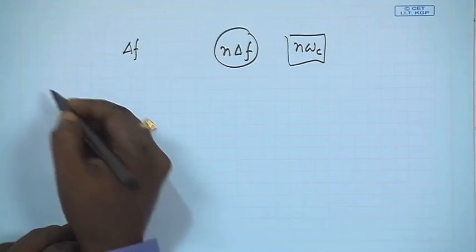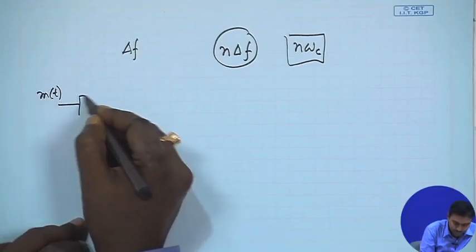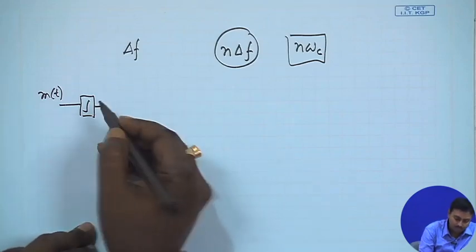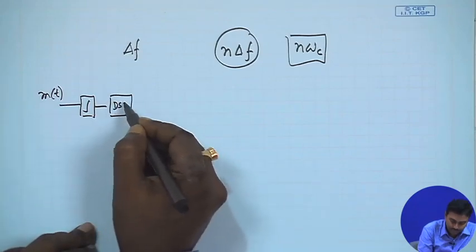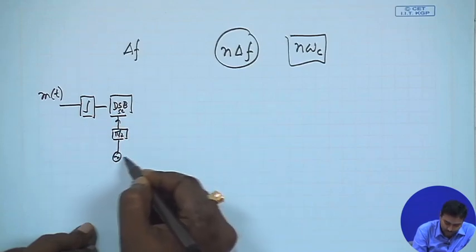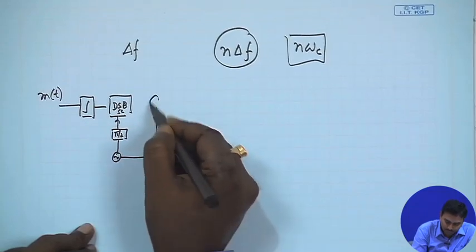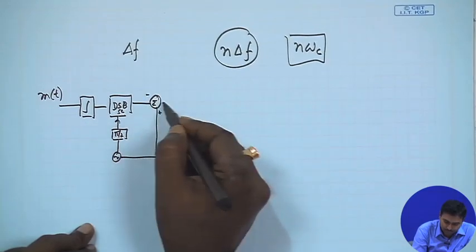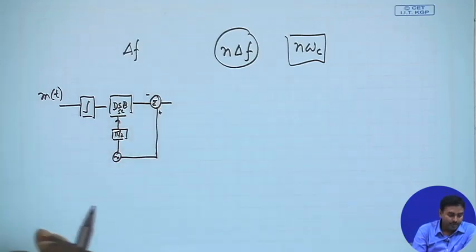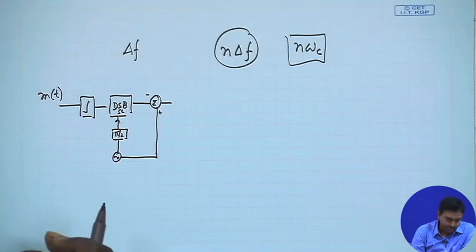So, suppose we have some message signal m(t), we integrate it and we pass it through that DSBSC. So, that is that narrowband FM modulator. So, this is the overall narrowband FM modulator. Okay. After this, the narrowband FM modulator will have some specification.